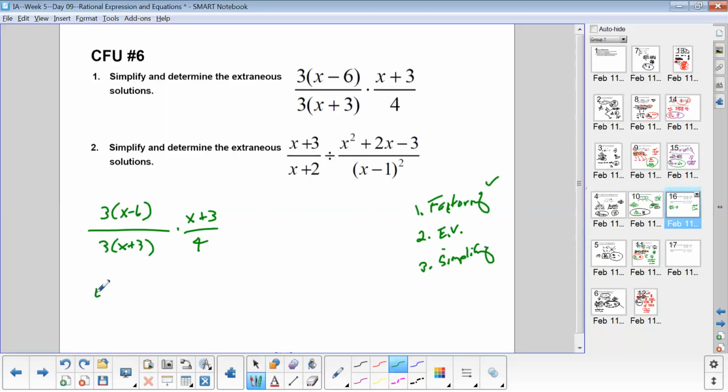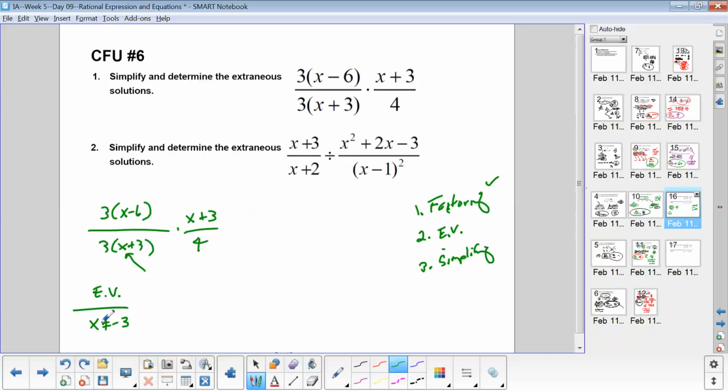So excluded values on number 1 would be x cannot be negative 3. Don't worry about the 4. Don't worry about the 3. Why? Because the 4 doesn't have a variable with it. Neither does 3. This expression right here, x plus 3, you set it equal to 0, or you substitute a negative 3 here, you will get 0 as the denominator.